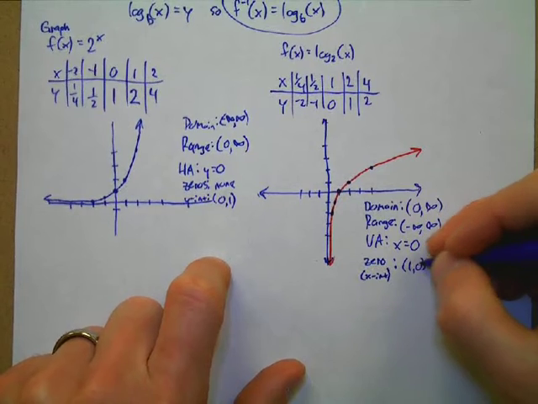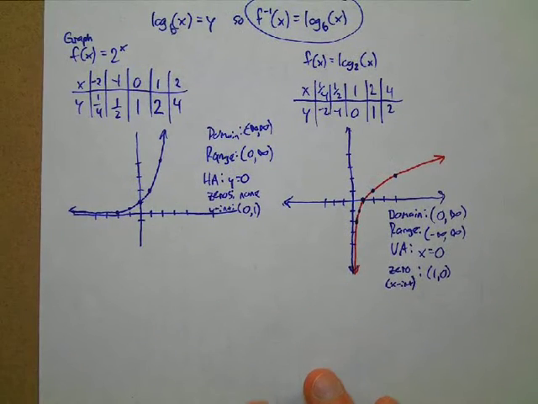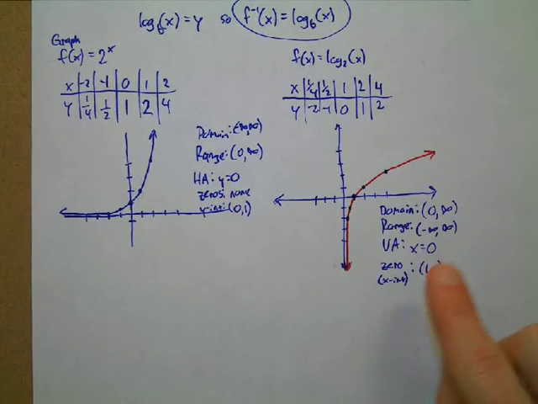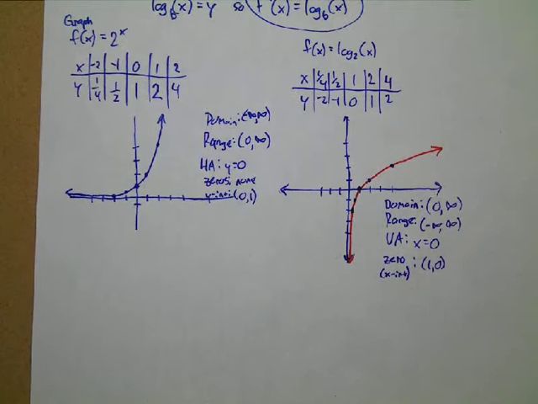Okay, so everything flipped. Domain switched to the range, range switched to the domain. The horizontal asymptote becomes a vertical asymptote at x equals 0. There's no x-intercept that didn't exist, the y-intercept that did becomes an x-intercept at 1, 0, and now there's no y-intercept. So everything kind of switches, everything kind of flips.